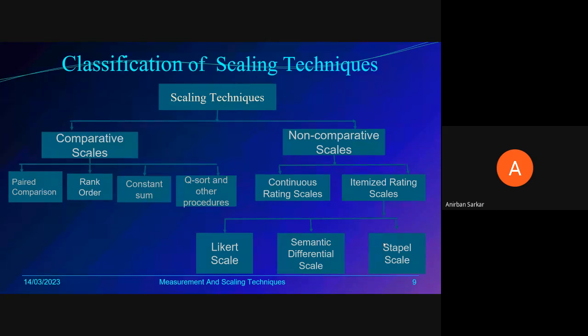And in case of non-comparative scales, there are two types: the continuous rating scale and the itemized rating scale. Under itemized rating scale, you have three most popular scales that we use very often: Likert scale, semantic differential scale, and Stapel scale. One by one, I will try to discuss all these scales.